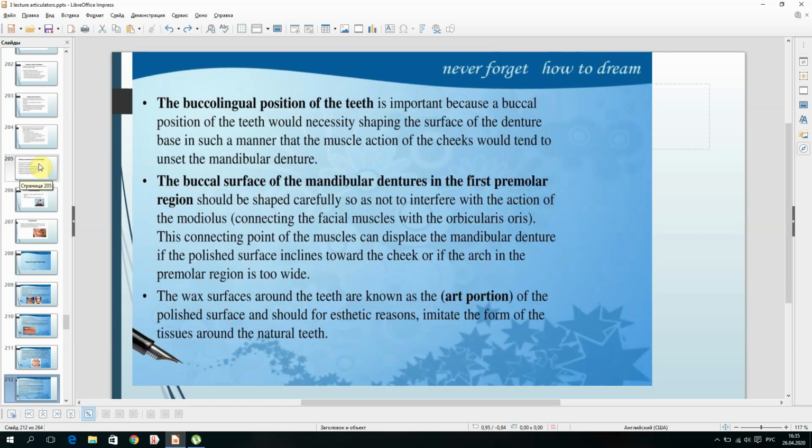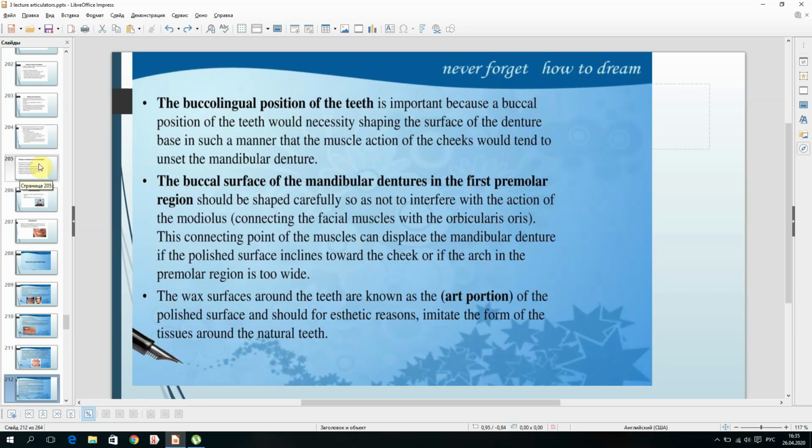The buccolingual position of the teeth is important because a buccal position of the teeth would necessitate shaping the surface of the denture base in such a manner that the muscle action of the cheeks would tend to unseat the mandibular denture.